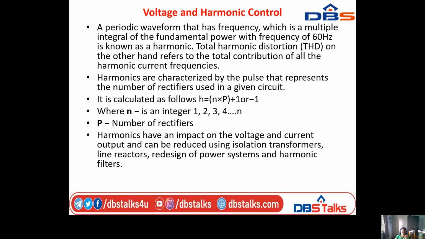So to recap: harmonics are integral multiples of the fundamental power frequency. Total harmonic distortion means the total contribution of all the harmonic current frequencies. Harmonic characterization is calculated as H equal to N into P plus or minus 1, where N is an integer and P is the number of rectifiers used in the given circuit.